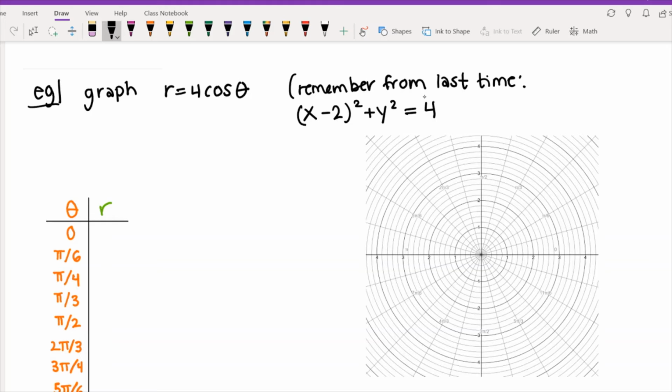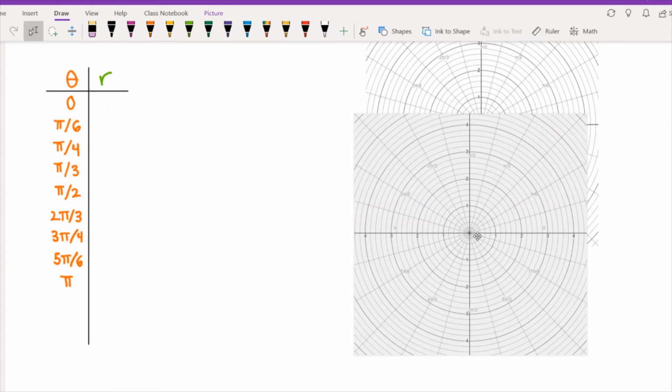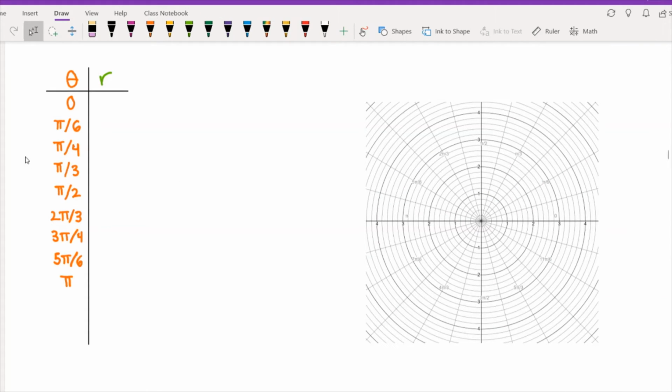We'll find out whether that's right soon enough. But that's something we did in yesterday's video. So we should expect it basically to be a circle, but I really want you to see how that circle comes out, not from the rectangular coordinate point of view, but from our points.